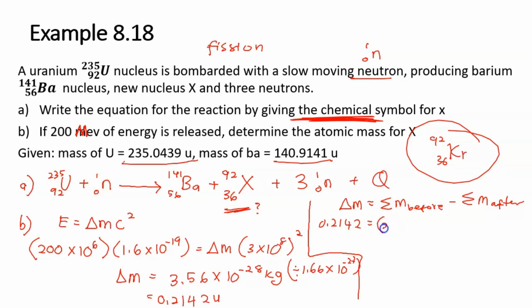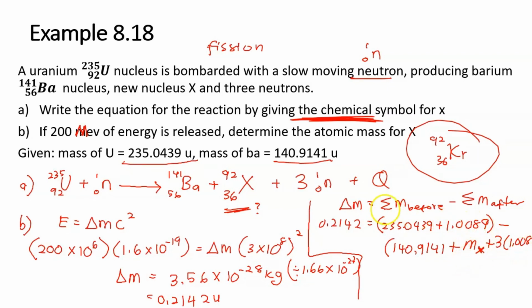So uranium 235.0439 plus neutron 1.0089 U, minus the mass after, which produces barium 140.9141 plus the mass of element X, which we want to find, plus 3 neutrons 1.0089.